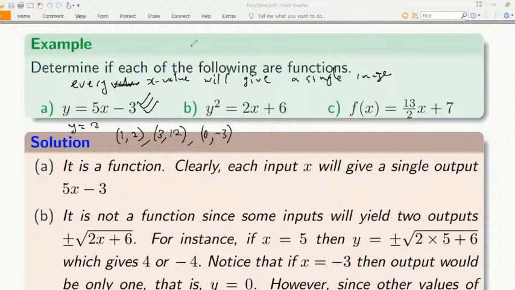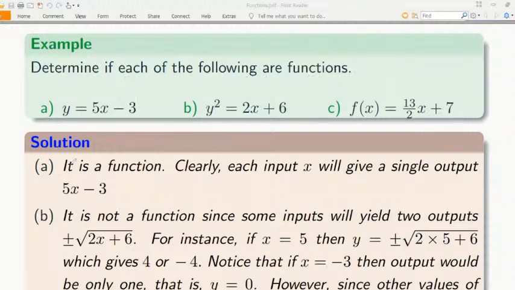That's what I've said here. I've said that part A is a function because each input x will give a single output. So that means this one becomes a function. Let's look at this one and see. Suppose I was to put the input x to be 0.